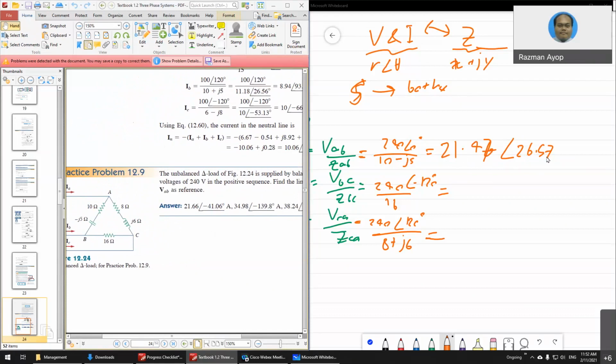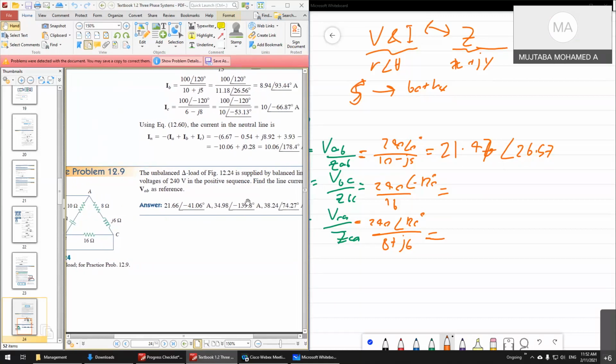I'm going to try right now. 21.47, angle is 26.57.